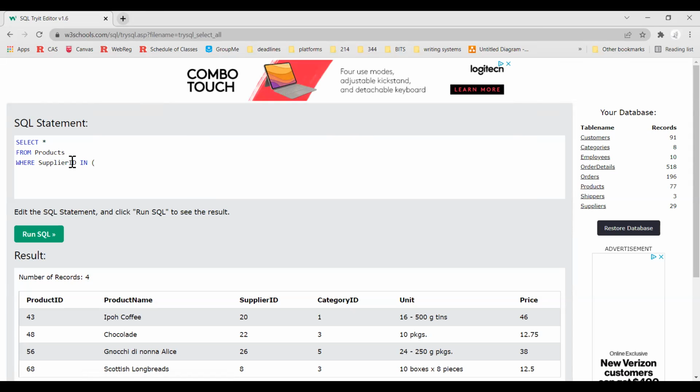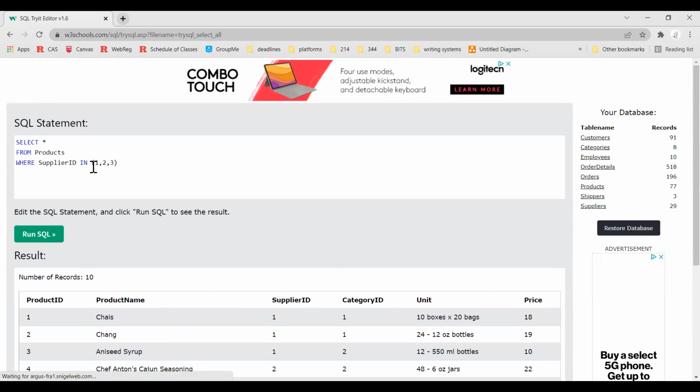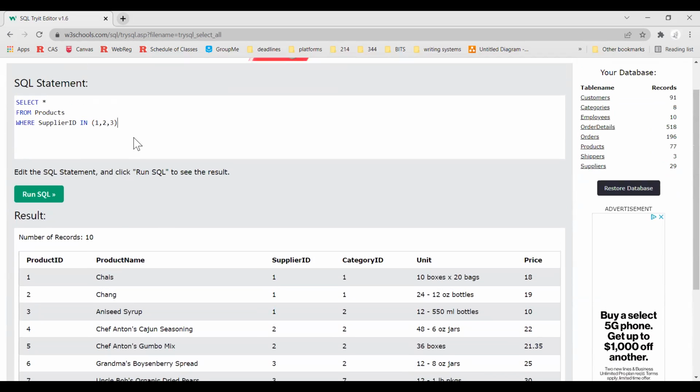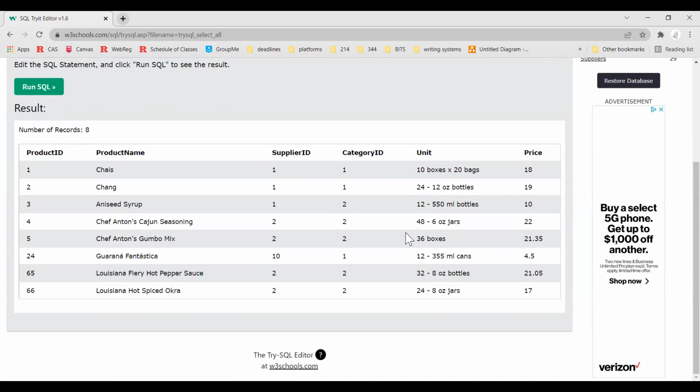We could do IN 1, 2. As long as the supplier ID falls within one of the options here, then it's going to be returned. This doesn't really matter with 1, 2, and 3 because they're consecutive, but maybe we want to go for something like 10 here. I hope that there is a supplier ID 10. Yes, there is, okay. And in that case, it's really useful.